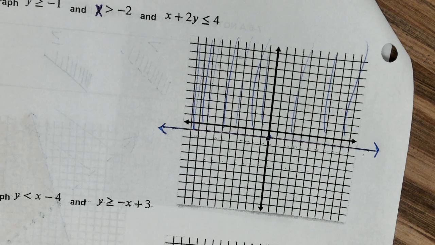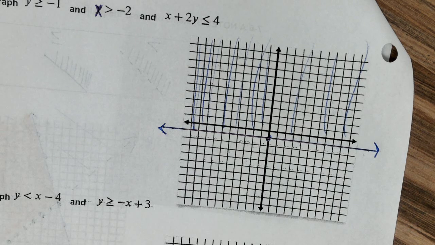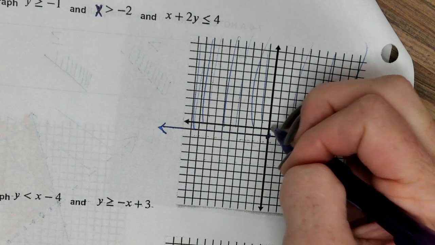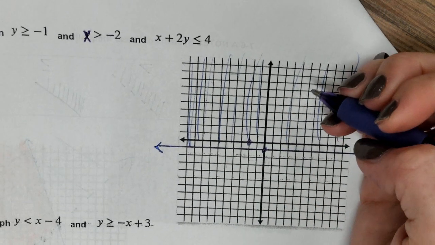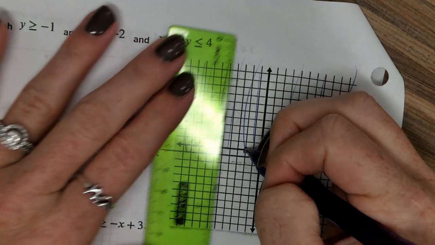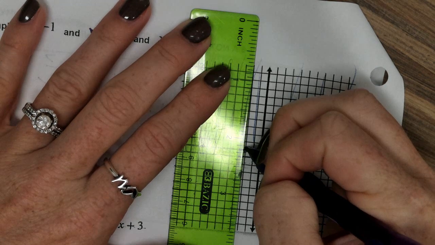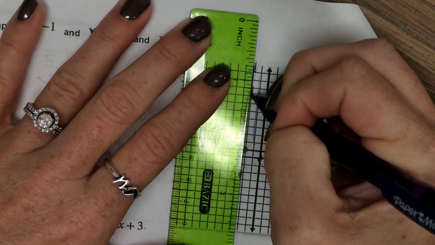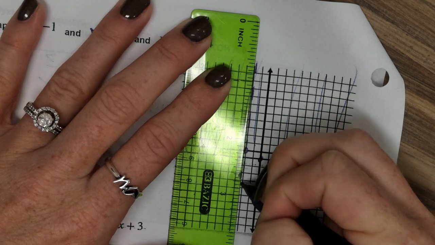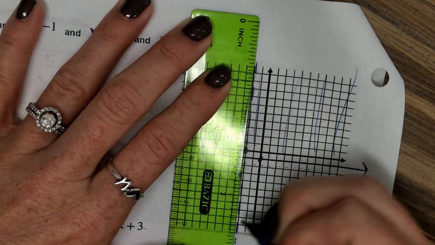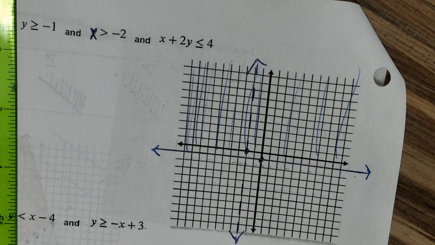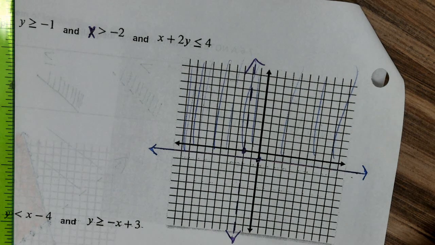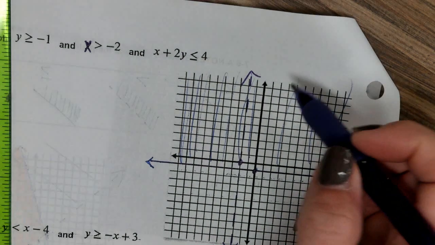A straight line passing through the x-axis at -2. And would it be solid or dashed? Dashed. Okay, which way would greater than be? To the right.